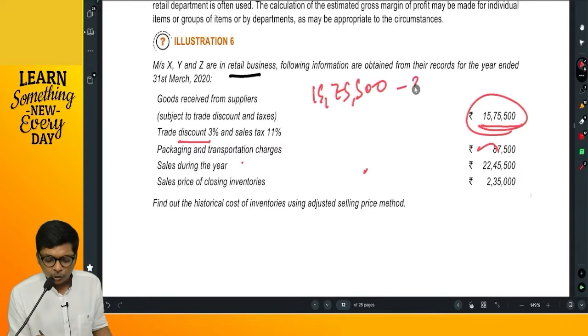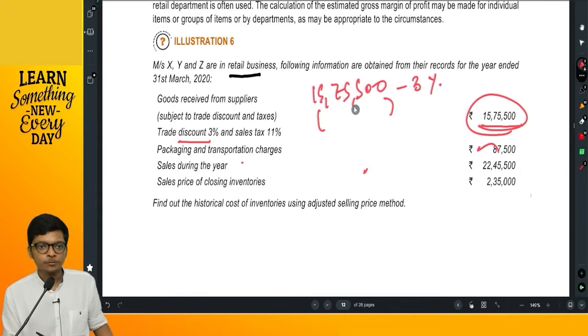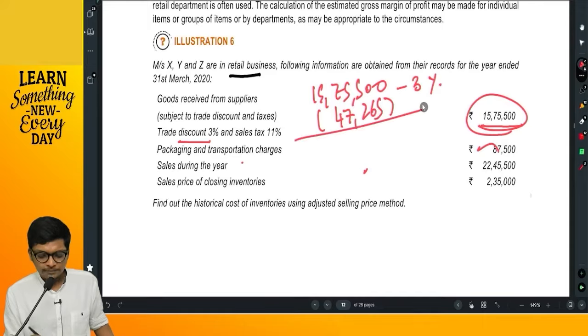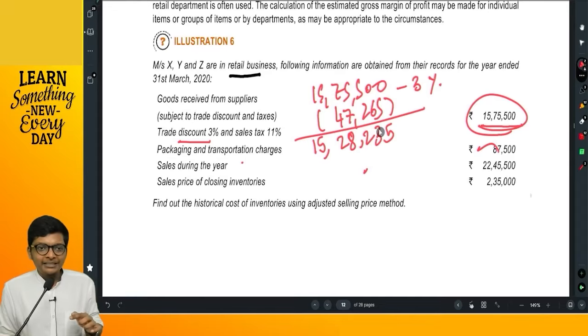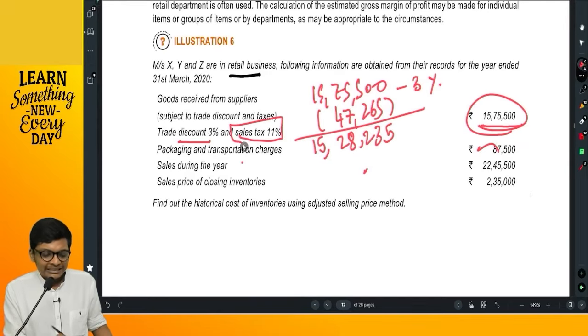So I will reduce how much? So minus 3%. How much is 3% of 15 lakh 75,500? The balance is 15 lakh 28,230.